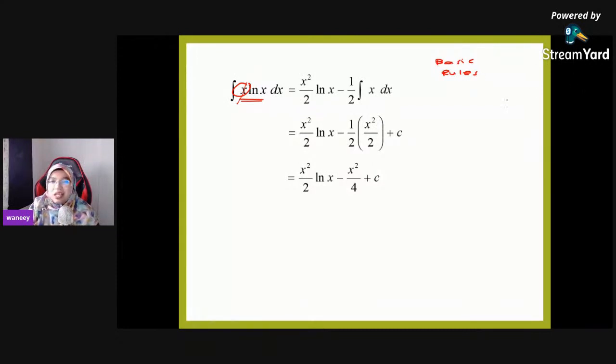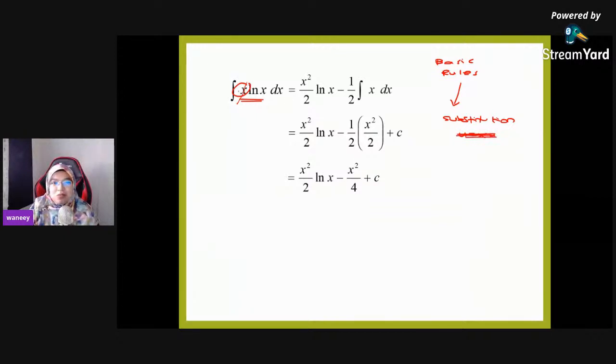So the basic rule is out. If I cannot use the basic rule, then I will check if I can use substitution. For substitution, we need to see whether we have the derivative inside. If I choose u equal to x, that only changes the letter, nothing happens. So never do substitution with u equal to x. x plus 1 is okay, but just u equal to x is not worthwhile.